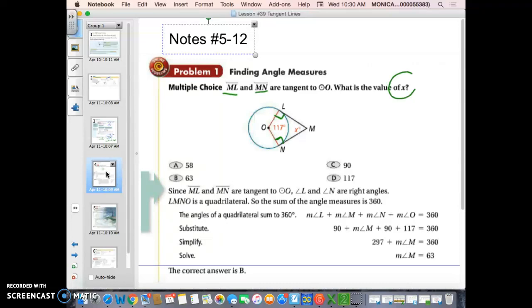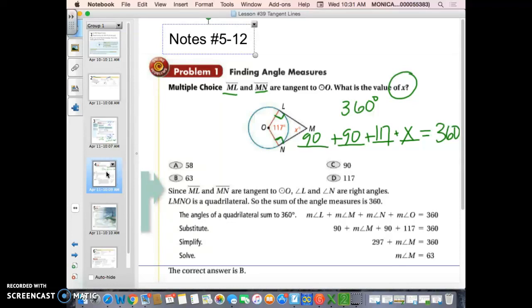And I want to find the value of X, which is the measure of angle M. Well, this is a quadrilateral, and I know that all angles in a quadrilateral, because there are 4 sides, add up to 360 degrees. So I literally just do part plus part plus part plus part equals the whole of 360.